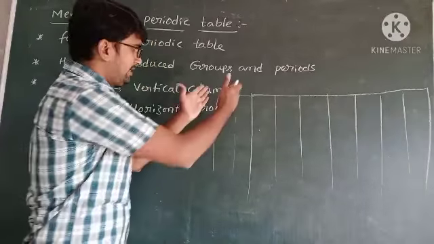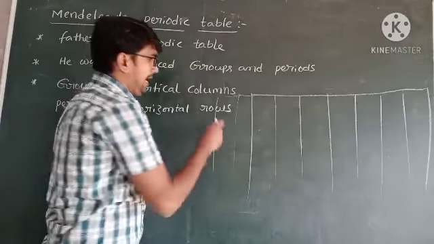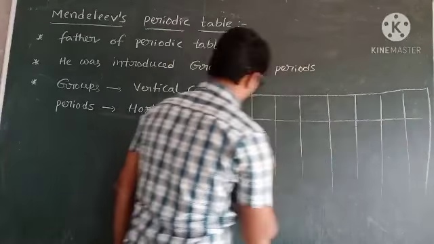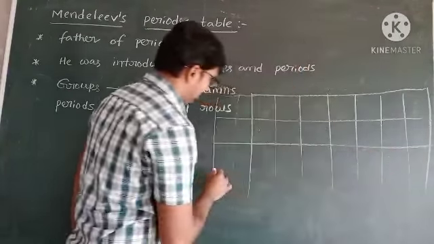These are the groups, and these horizontal rows are called periods. Total 9 groups and 7 periods are present in the Mendeleev periodic table.